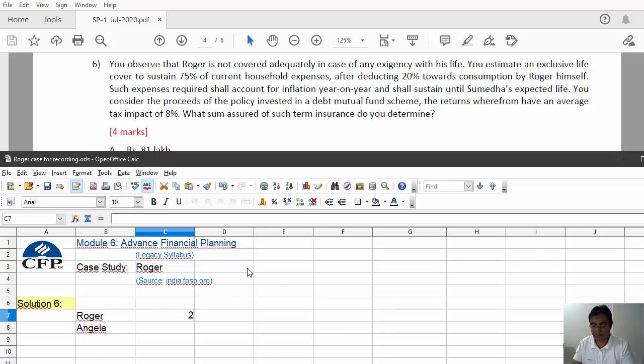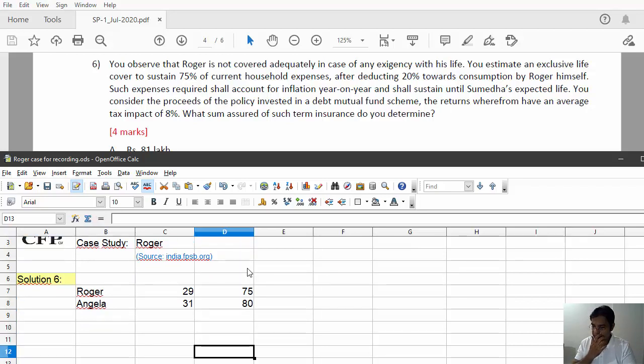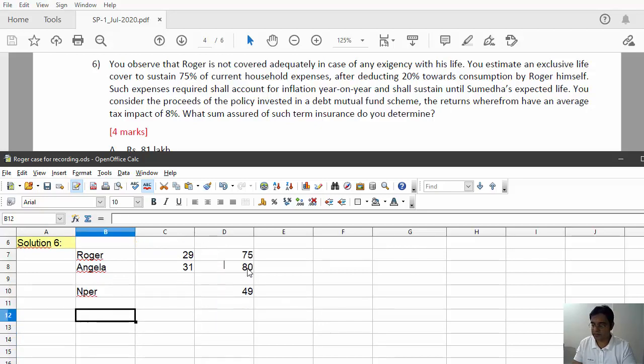As of now the age is 29, for Angela it is 31. Life expectancy for Roger is 75, for Angela it is 80. Now the fund required is till the last survivor. So for the number of periods we have to consider Angela's age, which is 80, minus the current age, which is 31. So we are getting 49 years.